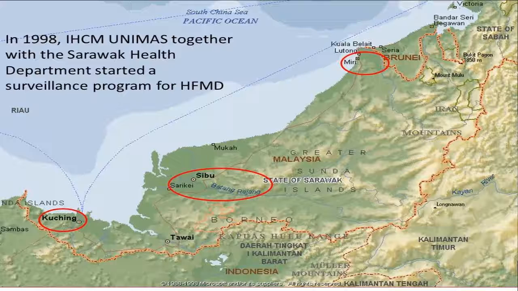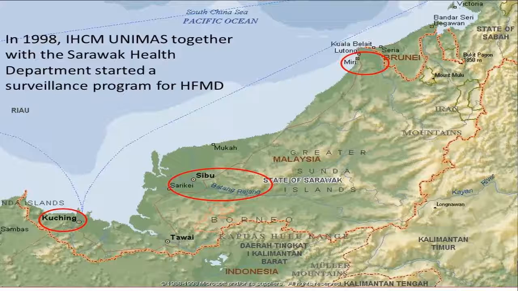So the capital of Sarawak is here, Kuching. We are the southern tip. Dr. Ui used to work here, now he's here. So a lot of the data is actually going to come from here in this presentation. So in 1998, we set up 3 major surveillance sites centered on the major public hospitals in the south, central, and northern regions of Sarawak.